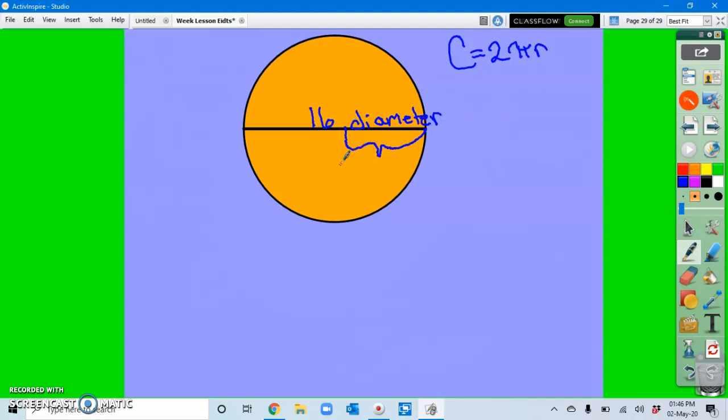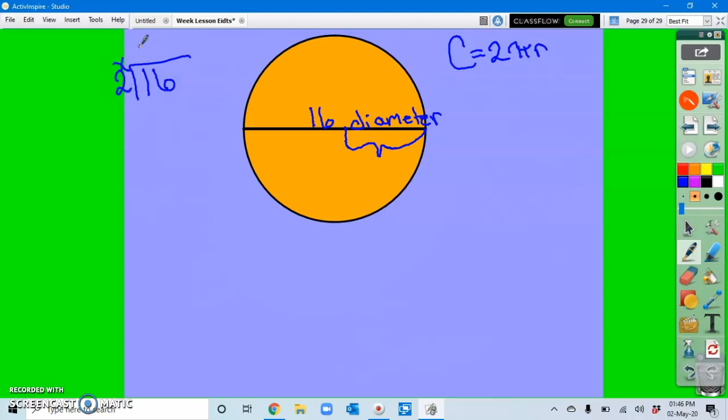So to be able to find the radius, you divide 16 by 2. Sorry, I got confused. You have to divide by 2 to find your radius.